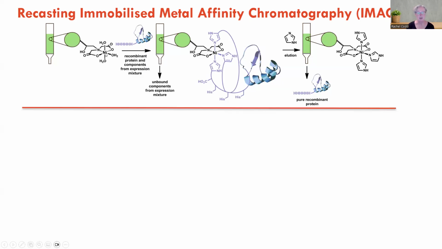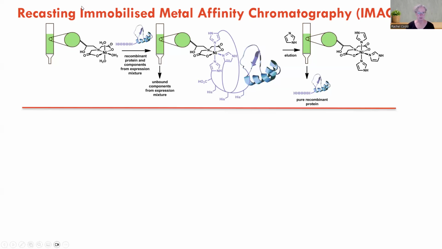We have 1 unit of nickel per 1 unit of aminodiacetic acid. The other parts of the coordination sphere will be occupied by, as I've shown here, water molecules. If you've used immobilized metal affinity chromatography, shortened to IMAC, you'll know that it's green, and it's green by virtue of this coordination complex that's immobilized at the resin interface.